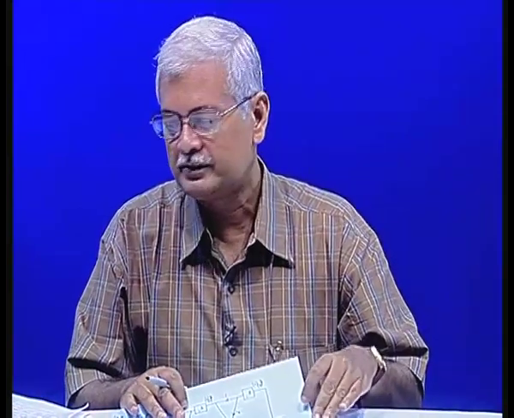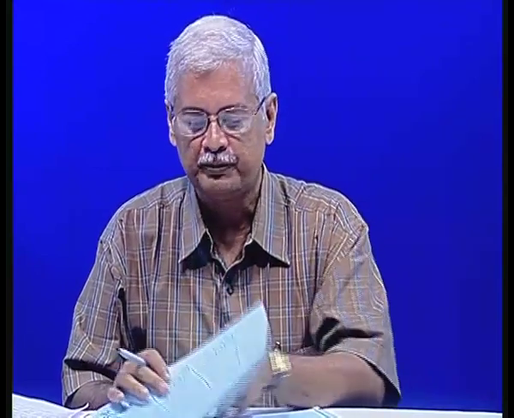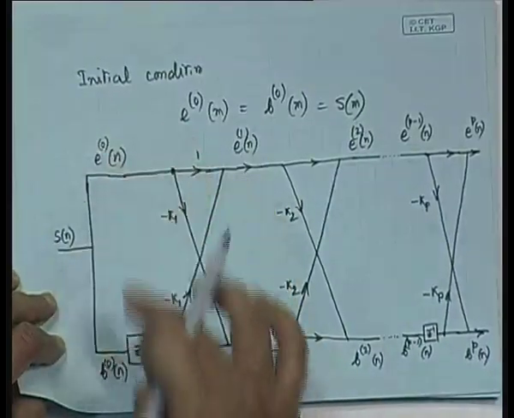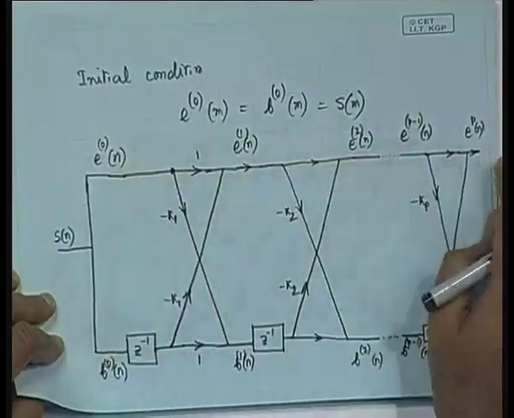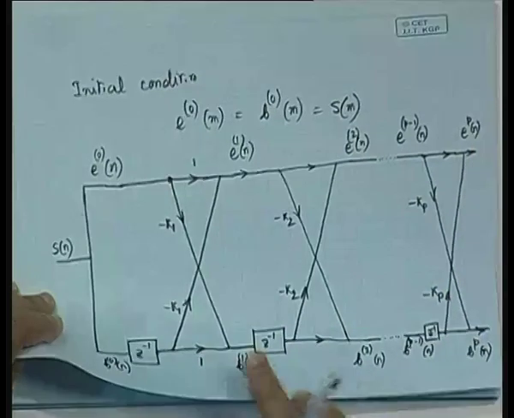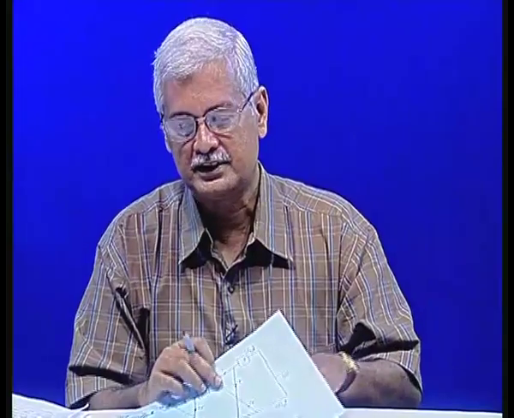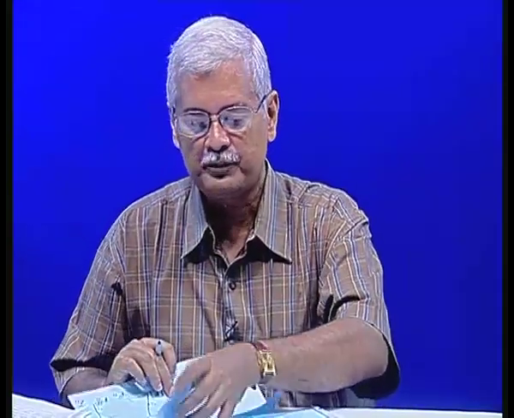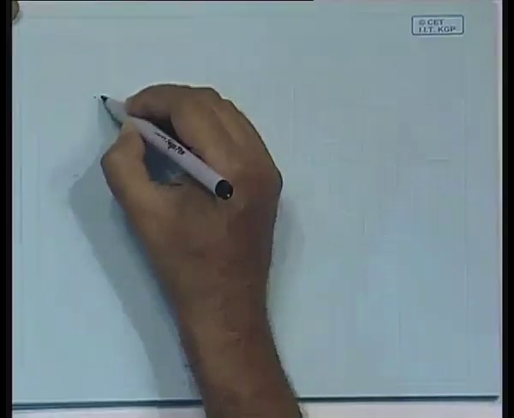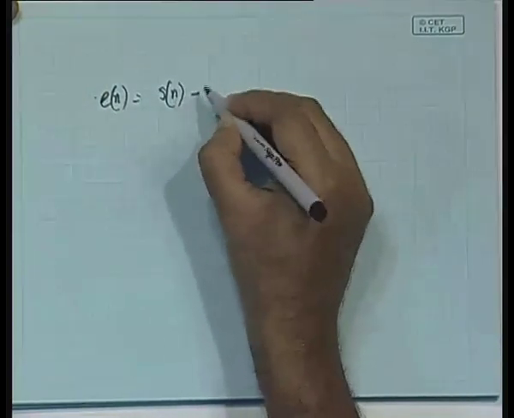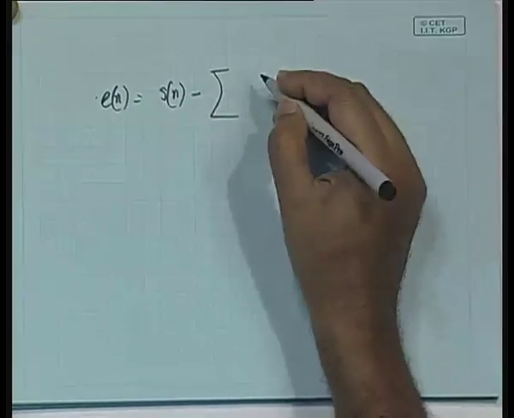Now, we have already seen that using the LPC parameters in this kind of a lattice formulation, what has evolved is that we are getting all these E0, E1, etc. up to EP, B0, B1 up to BP. So, all these are the prediction error signals, and in general the prediction error signal would be given by this expression, which we already know: E of n we are going to write as S of n, that is the signal, minus whatever prediction we are making.